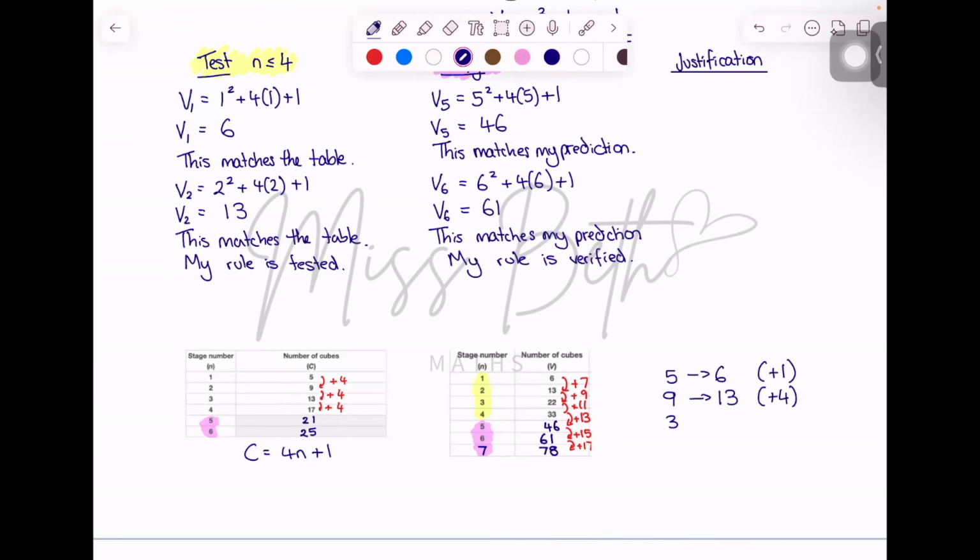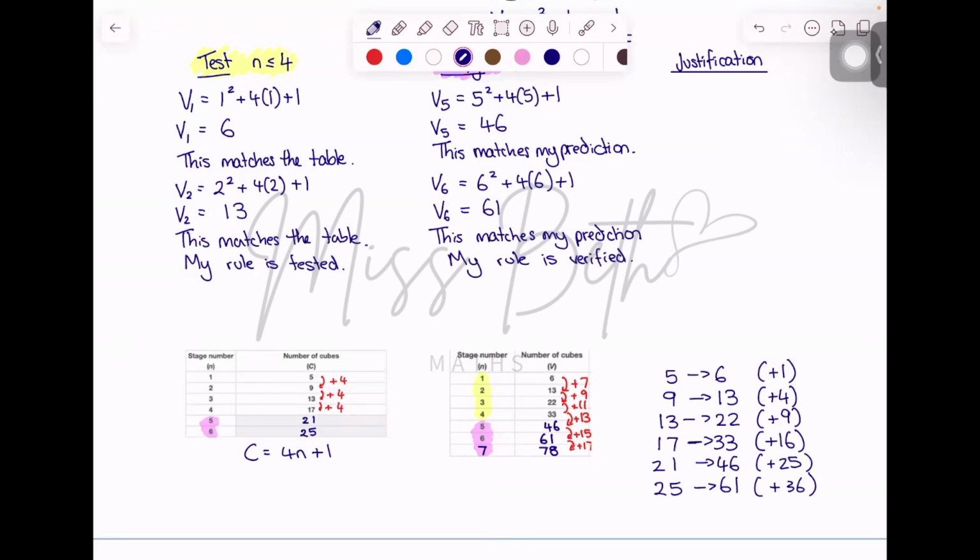Then we went from 13 to 22, so we added 9. And then 17 to 33, we added 16. If we keep going, 21 to 46, sorry, we added 25, and then from 25 to 61, we added 36.